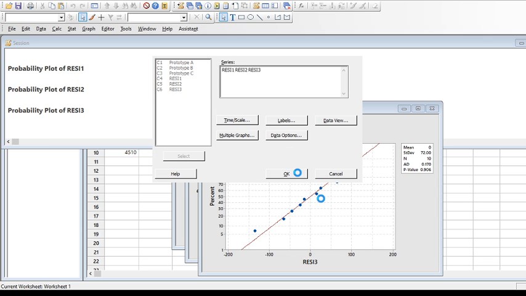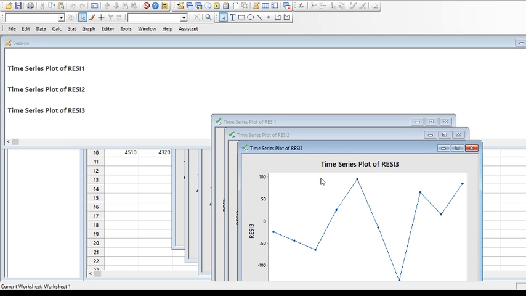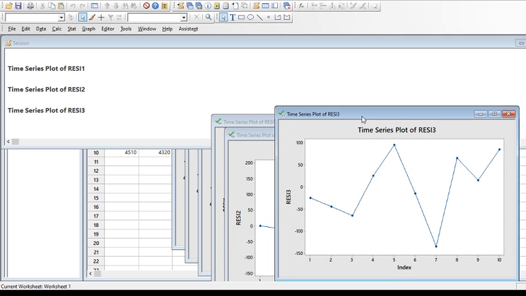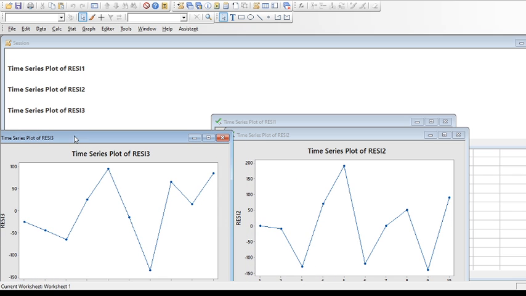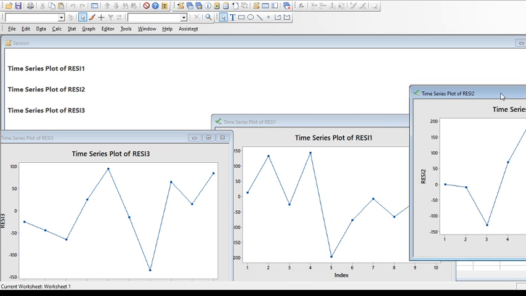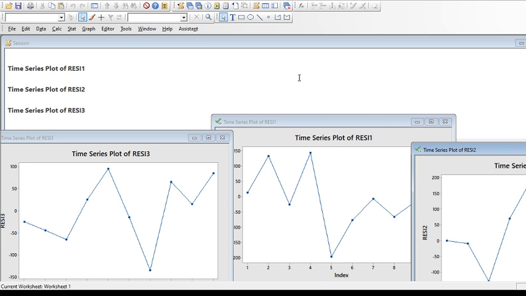Okay. It's random, right? It doesn't follow a pattern. It doesn't really correlate with each other. It is all random in nature. And it's obviously normally distributed, right?